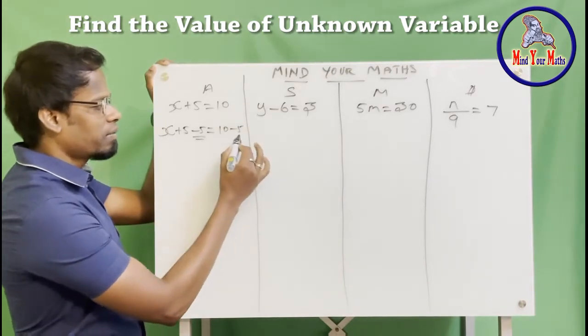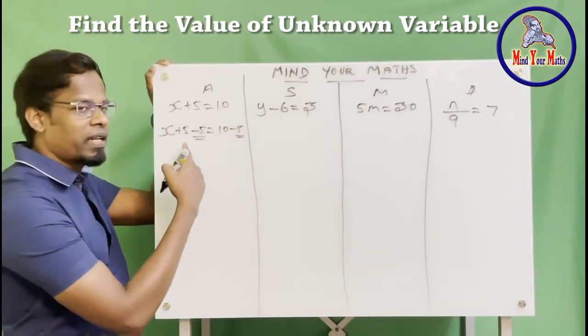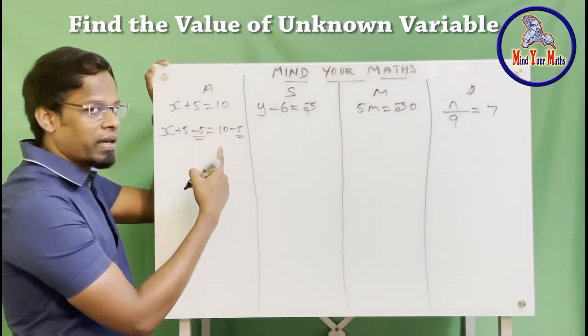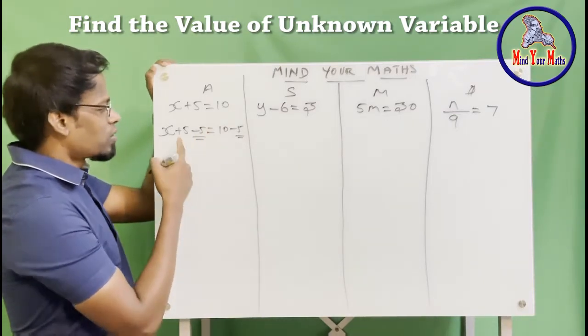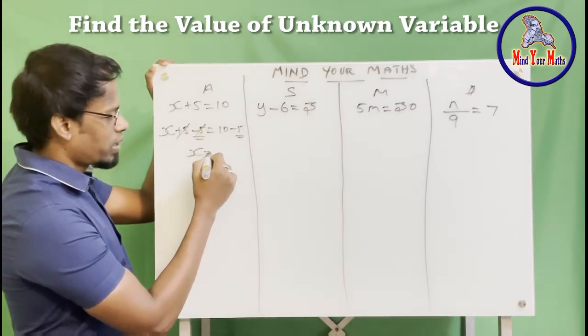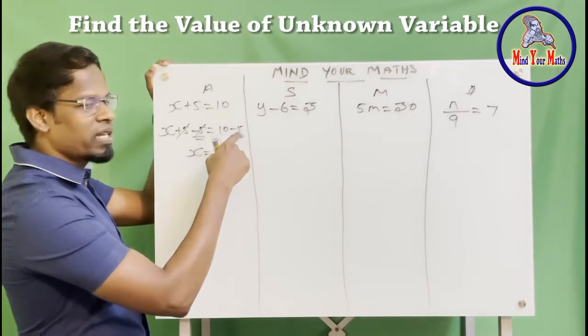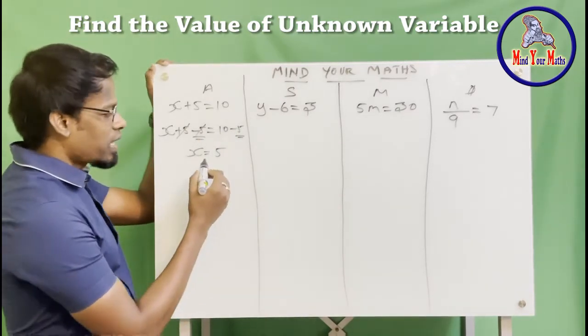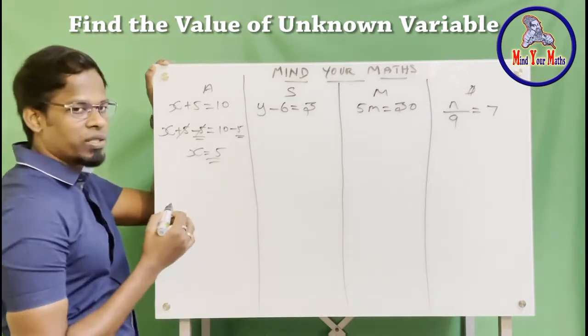We are just subtracting 5 from both sides, so the equality remains, right? Here the 5 gets cancelled, which gives you x, and 10 minus 5 is 5. So the answer is x equals 5.